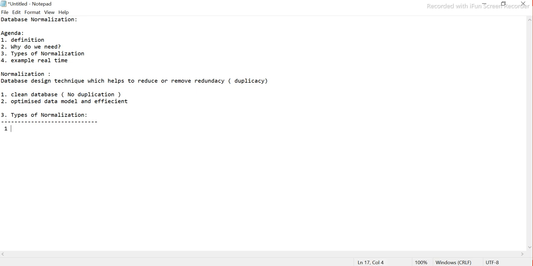So first is 1NF. NF means normal form, okay, this is called NF in short form. In an interview they might ask, can you give me an example of 1NF, first normal form? First normal form, second normal form, third normal form.